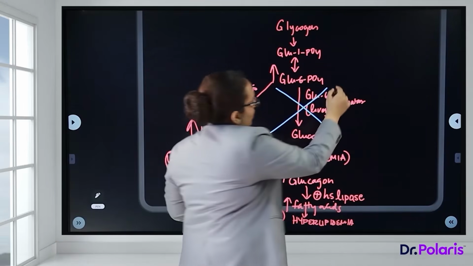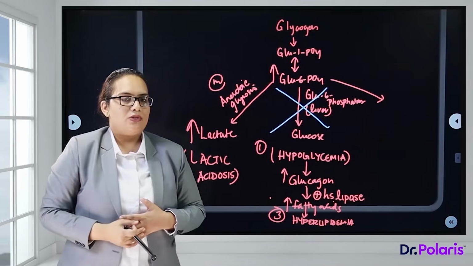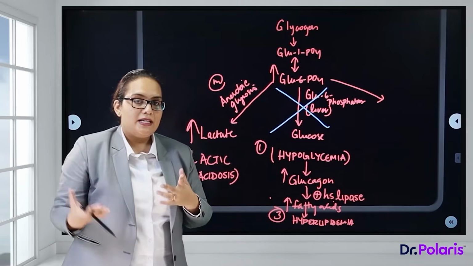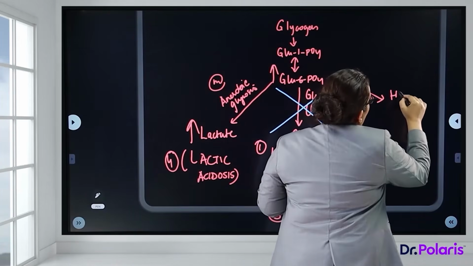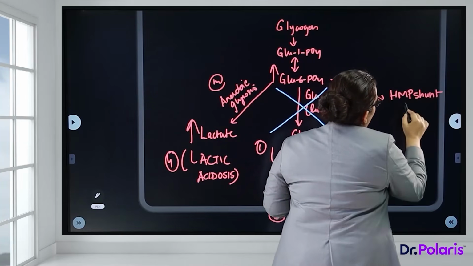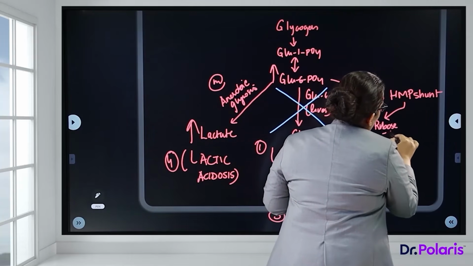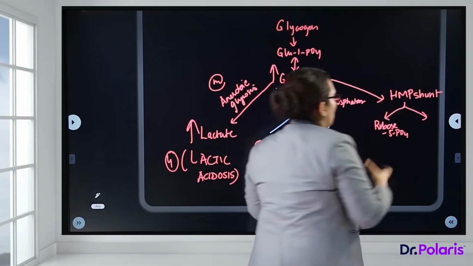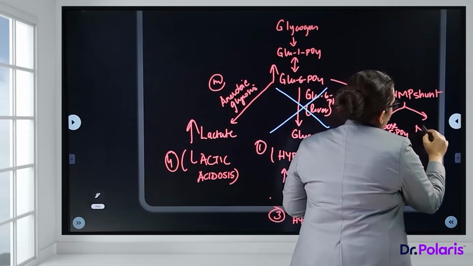Now the next thing, I told you when I was talking about what happens to glucose 6-phosphate after glycogenolysis has occurred, that glucose 6-phosphate in some cells can enter into a pathway called the HMP shunt. So in the HMP shunt, the main products are a ribose sugar, which is usually ribose 5-phosphate, a pentose sugar, and NADPH, which is a reducing equivalent.